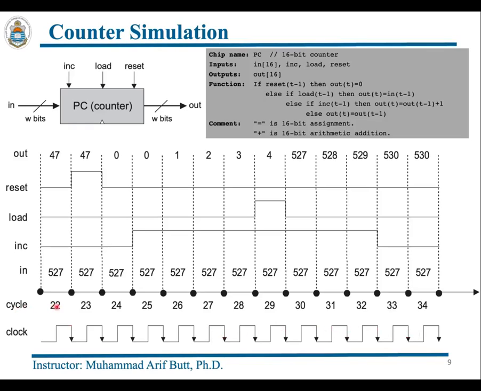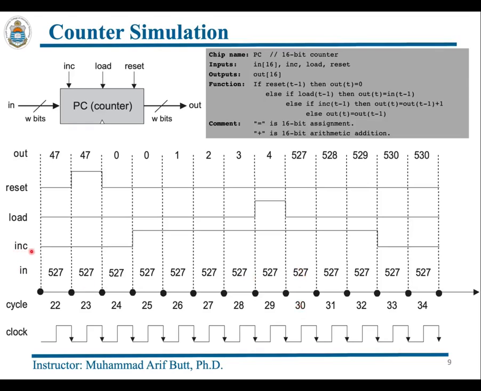These are the discrete cycles, cycle 22, 23, 24, 25 and so on. These are the 16-bit in values that are available over here. So at cycle 22, at the in we have 5 to 7, and at cycle 30 at the in we have 5 to 7 again.